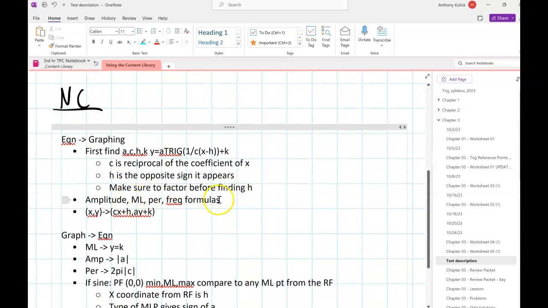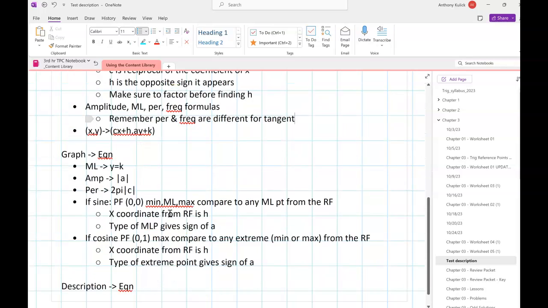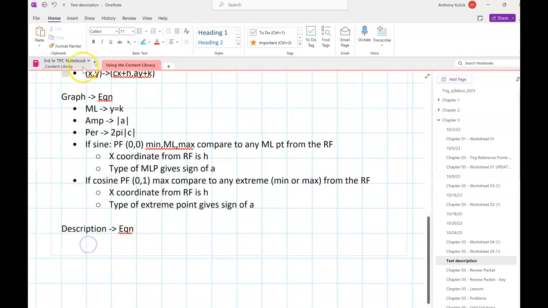Oh, and I should probably make a note here. The period and frequency are different for tangent. A reminder for myself there, so I make sure I have two sets of labeled formulas or whatever, right?